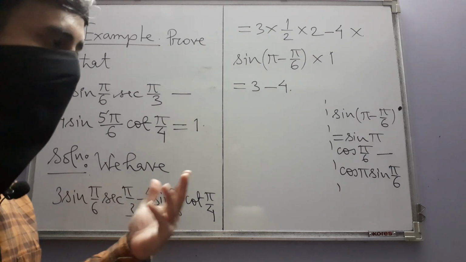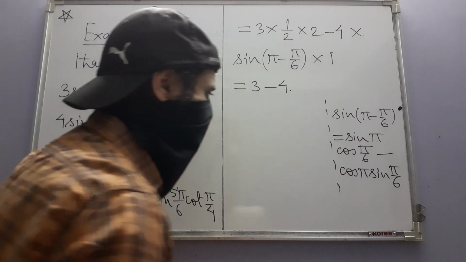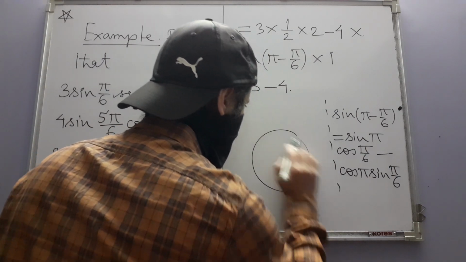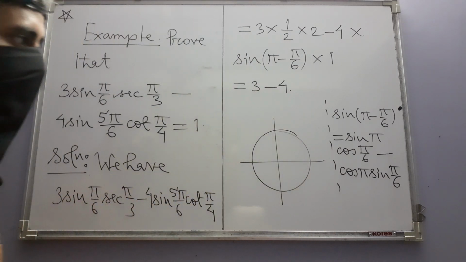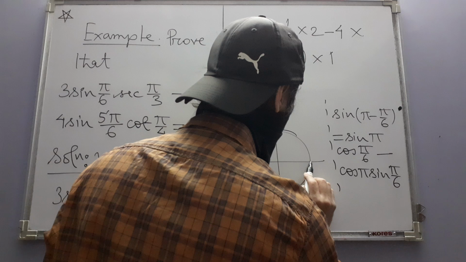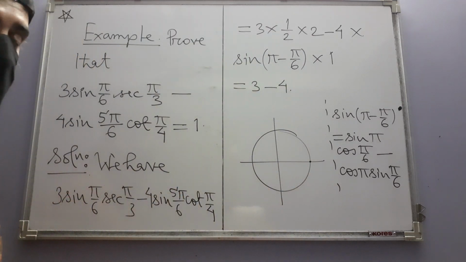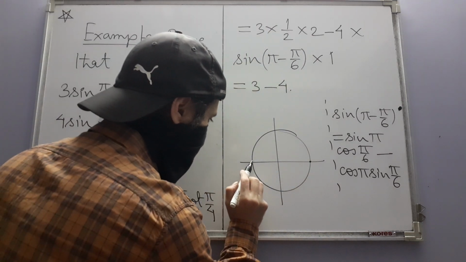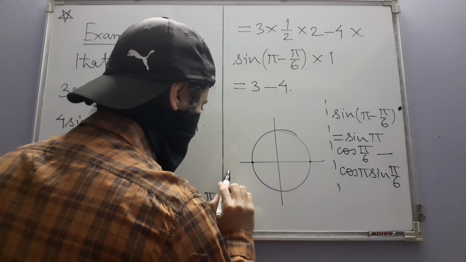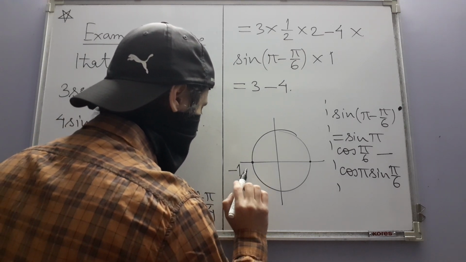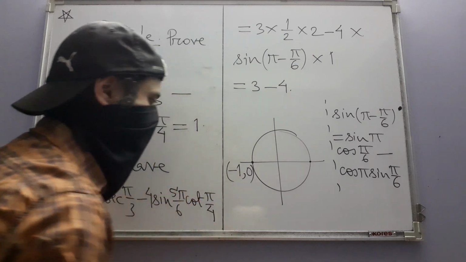Again, if you want to know why those things are true, you can go back to the unit circle. Pi corresponds to which point? This point on the circle. What are its coordinates? The x coordinate is minus 1 and the y coordinate is 0.